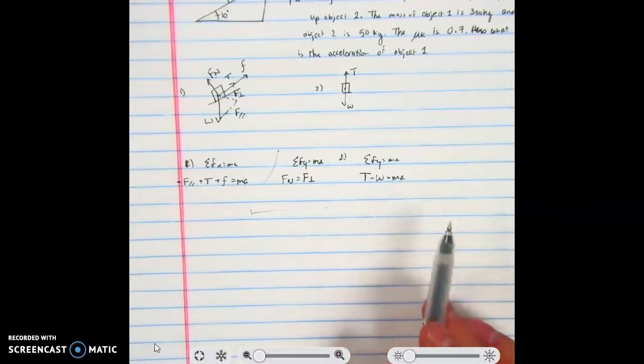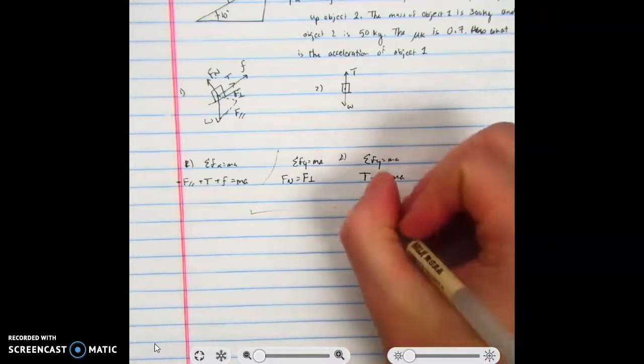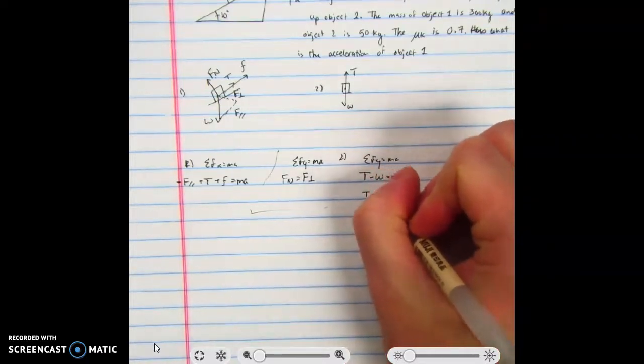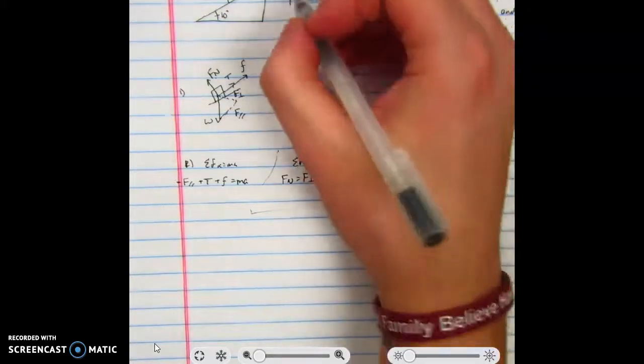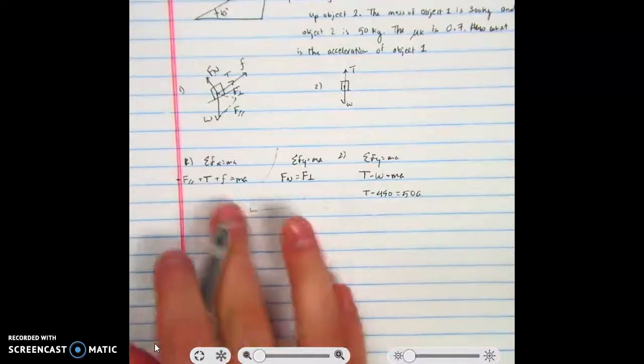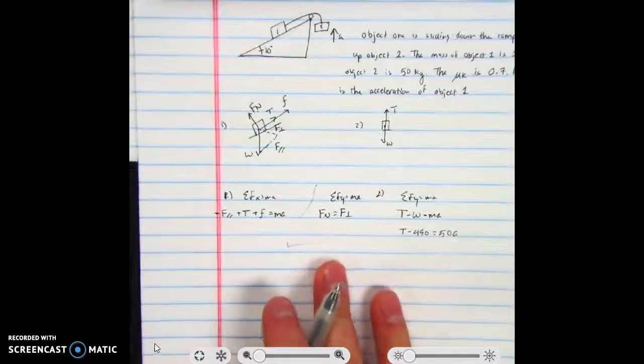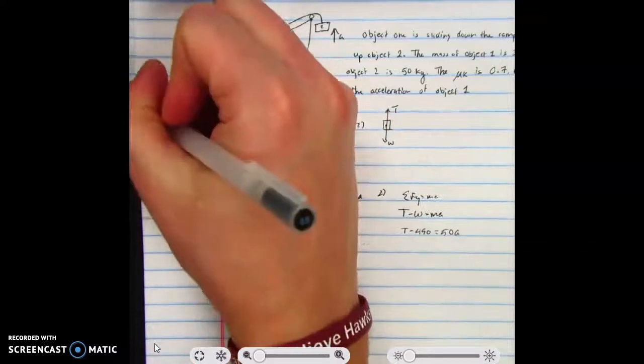I'll do the weight first. So tension minus 490 is equal to 50A. This is staying positive, it's moving up. Going over here, I am doing this off screen. Just a quick reminder of our equations.